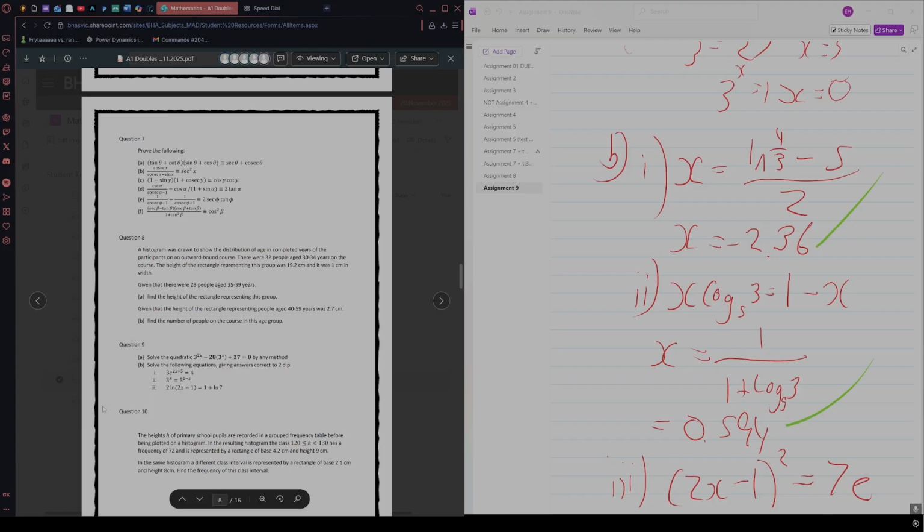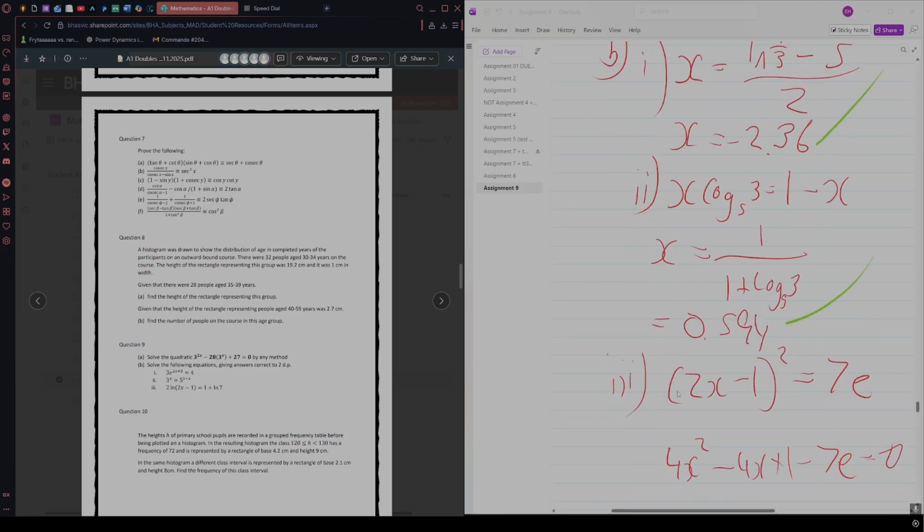If you're going to take the log of both sides, it's probably easier to set the base to something that you want to cancel. So I set them both to log base 5, so the 5 cancels, so you get x log base 3 of x equals 1 minus x log base 5 of 5, but the log base 5 of 5 is just 1. And then you rearrange, you get the answer.